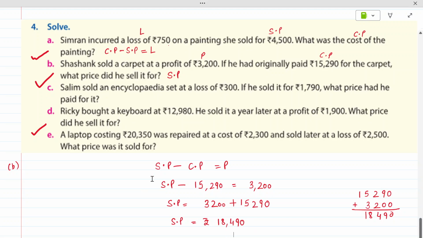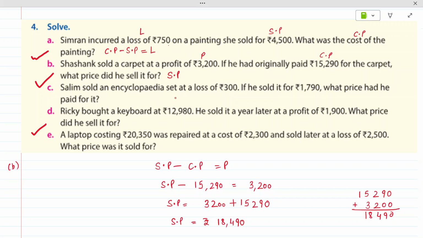Simple. What we have done, we have put the values in the formula. Okay, now the B part is done. I'm coming to the C part. Kids, I'm explaining you the C part here again. Salim sold an encyclopedia set at a loss of rupees 300.